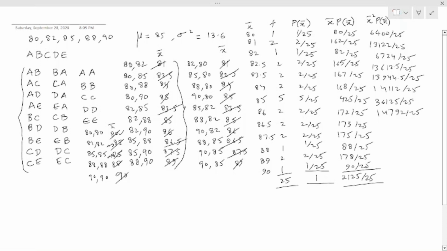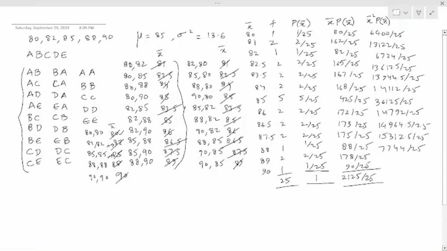172 times 86 gives us 14792 on 25. Then 173 times 86.5 gives us 14964.5 on 25. Then we have 175 times 87.5, that gives us 15312.5 on 25. Then we have 88 squared, that is 7744 on 25.